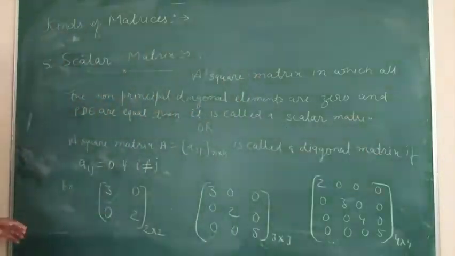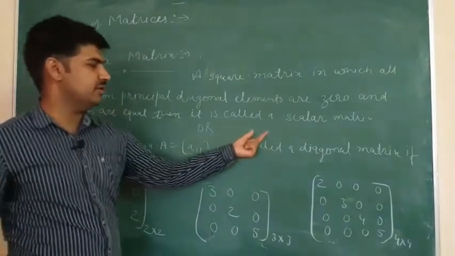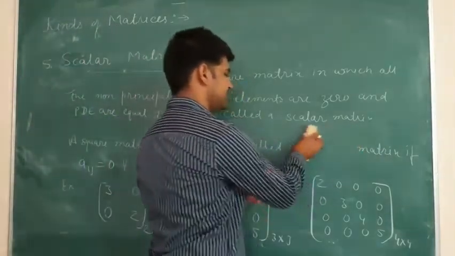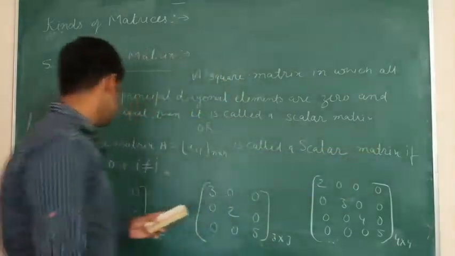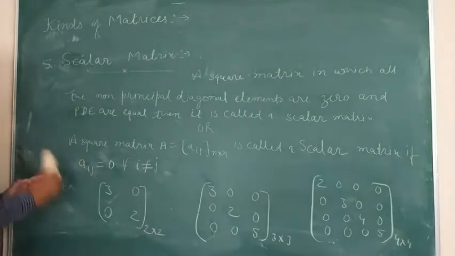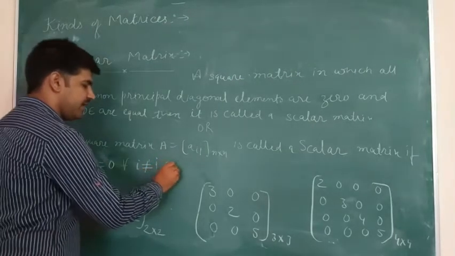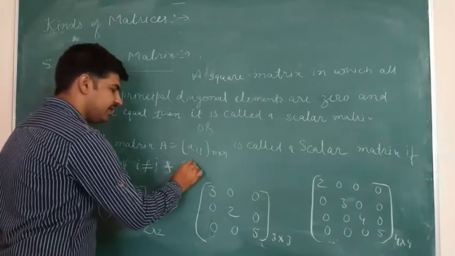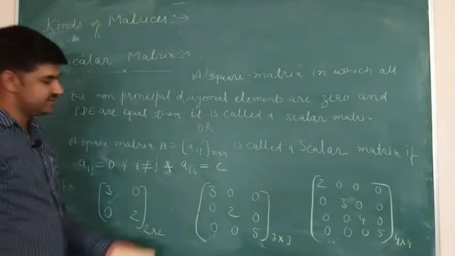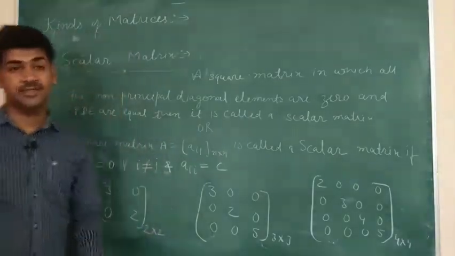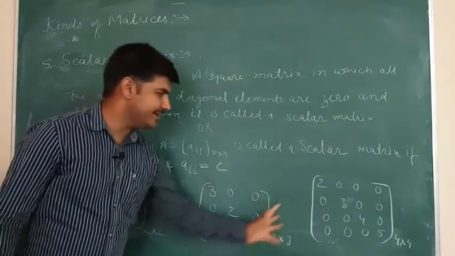Another definition of this one: a square matrix A of order n by n is called a scalar matrix if all the non-principal diagonal elements are 0 and Aii is equal to c, where c is obviously a fixed number. So these all are diagonal matrices.